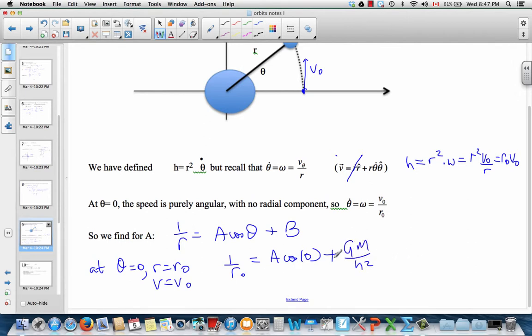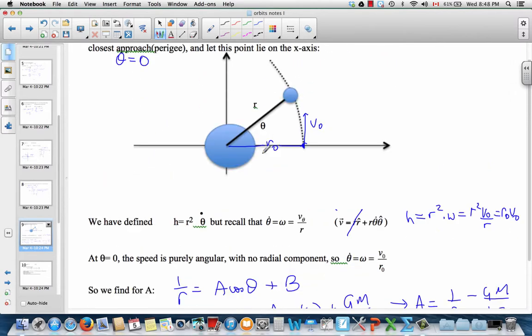And we can solve this for a. So a ends up equaling 1 over r0 minus GM over h squared, and we know that h is related to the initial condition, r naught v naught. So the angular momentum constant at this point is just r naught times v naught, and this distance here will be r naught, the distance of closest approach, otherwise known as the perigee.